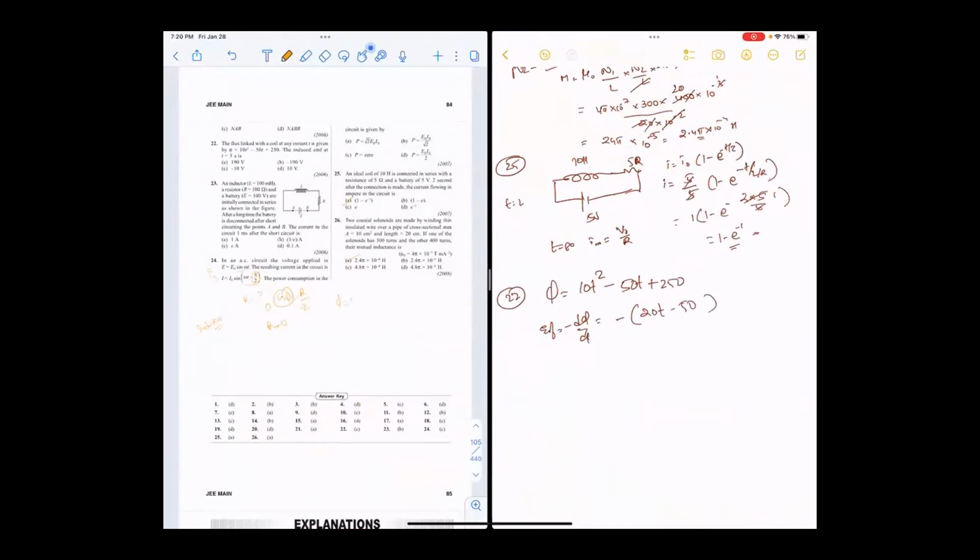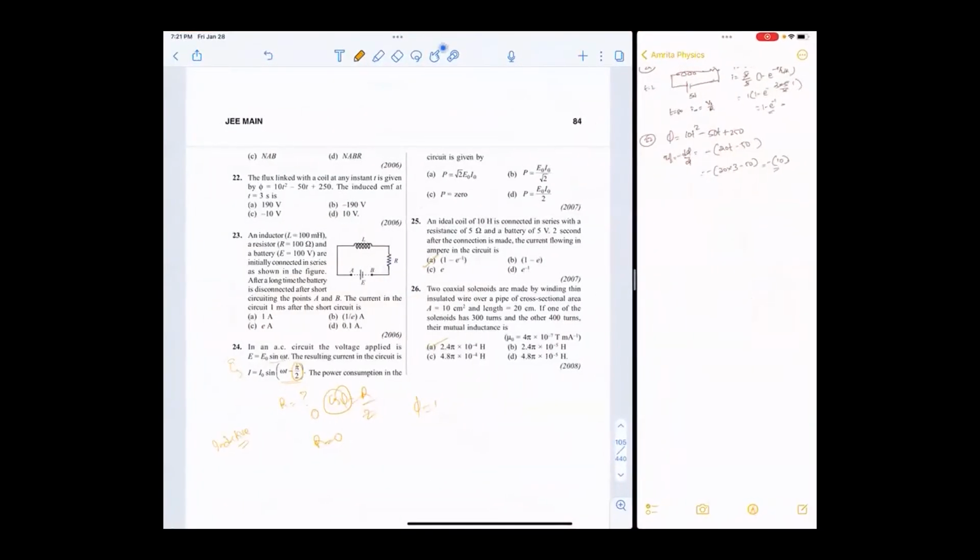When t is equal to 3 seconds, substitute: minus of 20 into 3 minus 50. How much is it? 60 minus 50, 10. So the answer is minus 10, minus 10 volts. He also gave 10 volts. If both options are there, I will go for minus 10. If only one option is there, only 10, I'll go for 10.